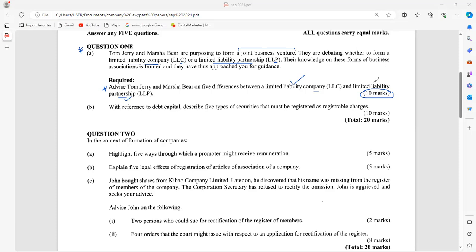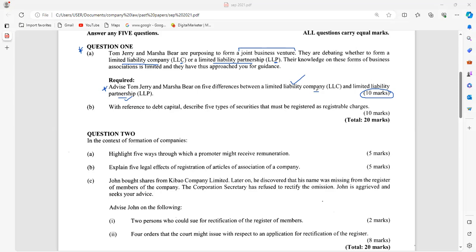So what exactly can you tell them? What's the difference?